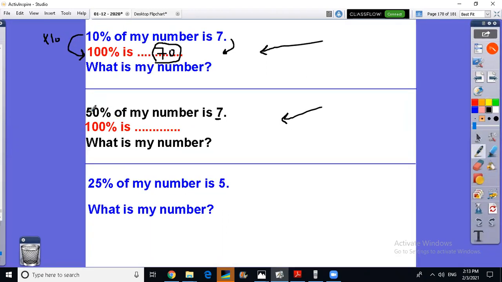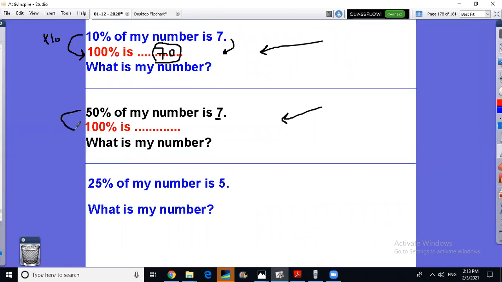Then what's next, mister? Again, what happened to the 50 to become 100? Oh, mister, this is easy. We just doubled. Exactly. So just to double this here, it becomes 14. That's it. Okay, mister, oh yes, this makes sense actually, because 50% of my number is 7, which means half of my number is 7.